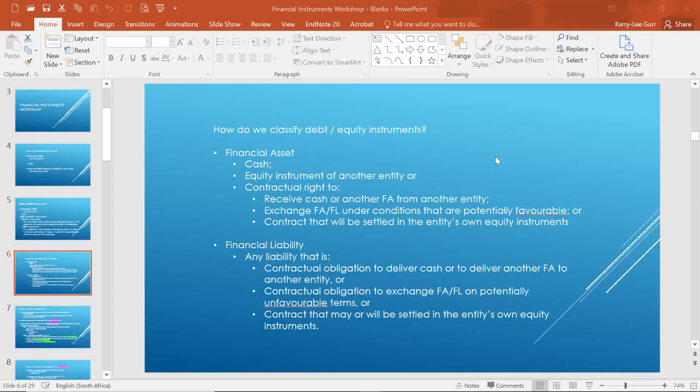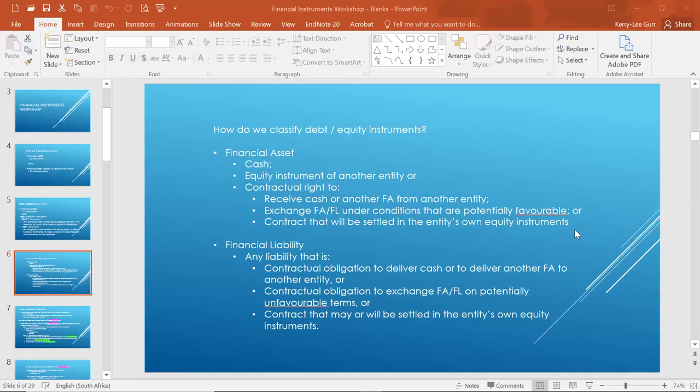Okay, so the last two, where we look at the exchange being favorable or unfavorable, as well as settlement in shares, is not something that we focus on in second year. You will go through that in more detail for third year, but we do include it here for completion of your definition, so you are aware that that would be something that you'll be looking forward to as you go through to third year.